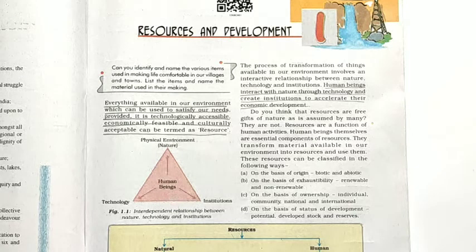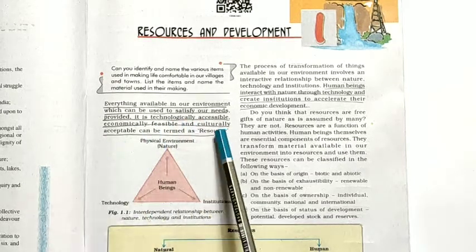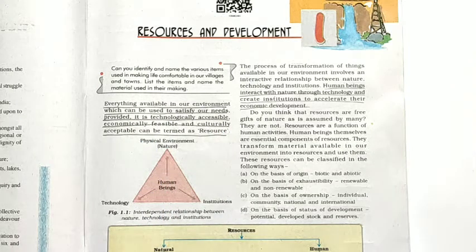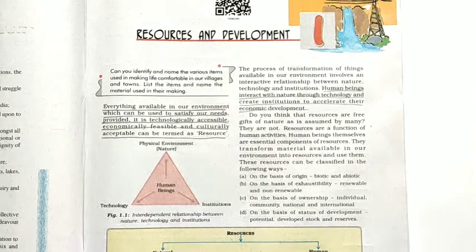It should not be too expensive that no one can afford it. And the third condition, culturally acceptable, means the material should have such importance and use that it is accepted by people. So even if there are some resources and it is overlooked and it does not fulfill all of these conditions, then it is not considered as resource because it will be of no use to humans.